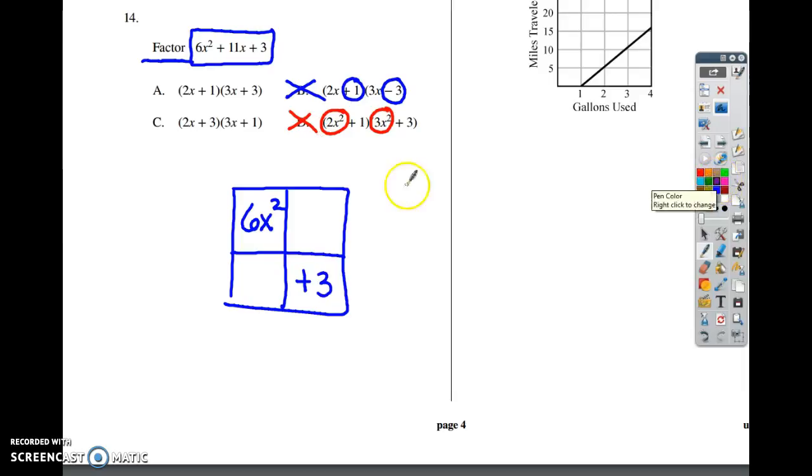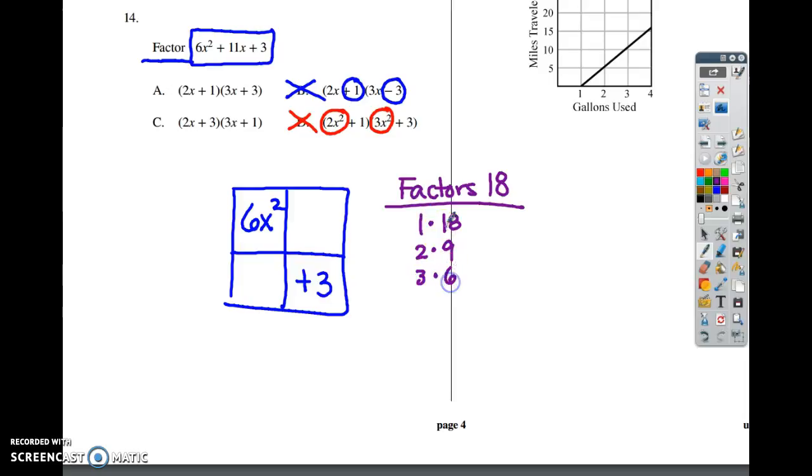We need to find factors of 18. Because you multiply 6 times 3, that's 18. So factors of 18 would be 1 times 18, 2 times 9, and 3 times 6.